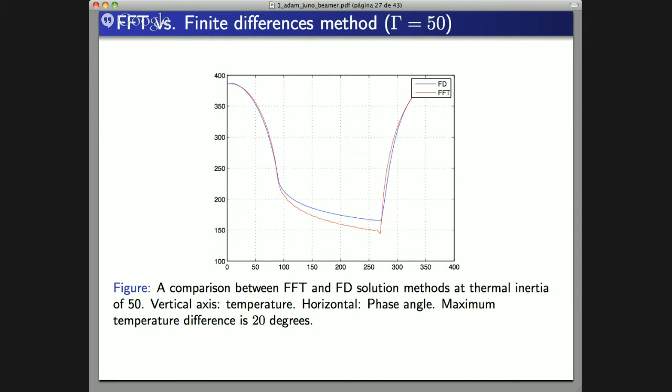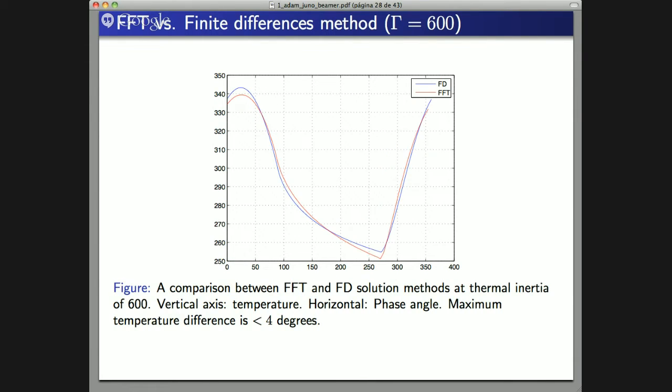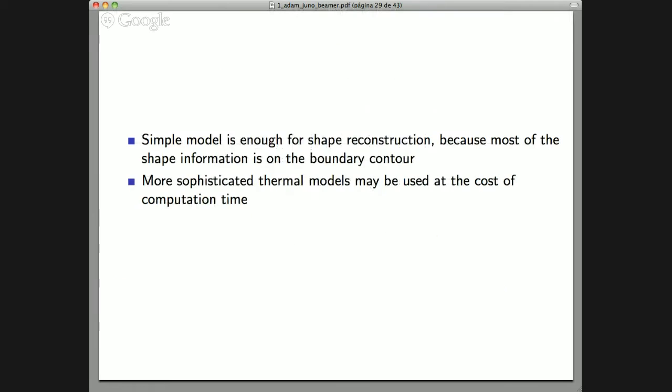But if you have a thermal inertia of 600, then the difference is only 4 degrees here. Now the idea for shape reconstruction is that this simple model is enough because most of the information is on the boundary. Of course, we can use sophisticated models, but we have to pay for that.